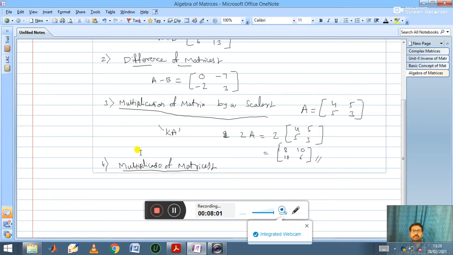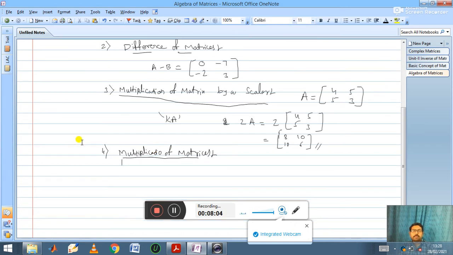But there is a condition to multiply matrices. Matrix multiplication means nothing but the product of two matrices. Let us take A as one matrix and B as another matrix. We need to multiply matrix A with matrix B, and the product AB is denoted by A into B. This is the obvious notation. Here in AB, A is known as the prefactor and B is known as the postfactor.